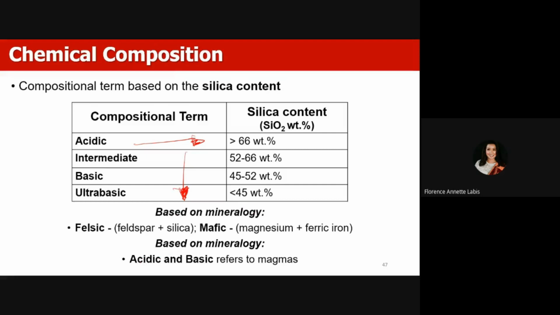And when we say acidic and basic, it refers to the magmas. And when it comes to magmas, we always think about the silica content. Or if you don't know the silica content, usually the color of the samples.